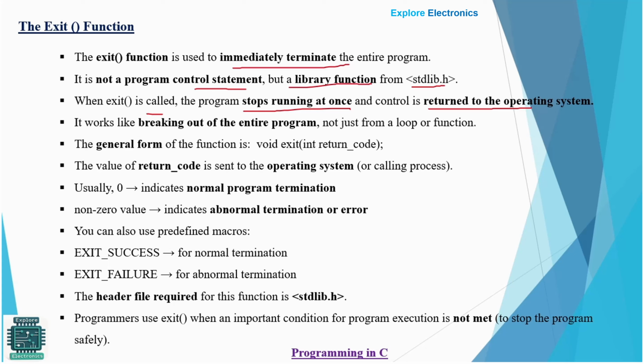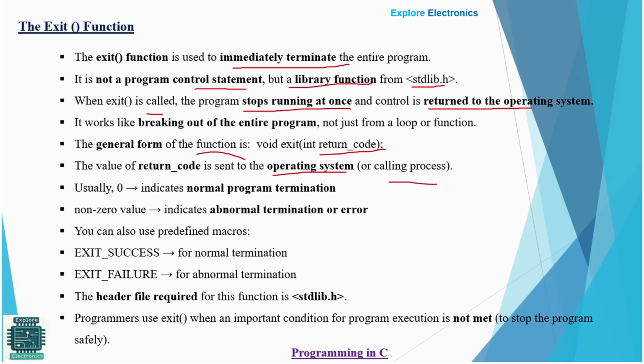If the program is many lines, for example 800 lines, and exit is mentioned, then it terminates the entire program, not just the loop or function. The general form of the function is void exit(int return_code). It is the syntax of the exit function, and the value of the return code is sent to the operating system or calling process.